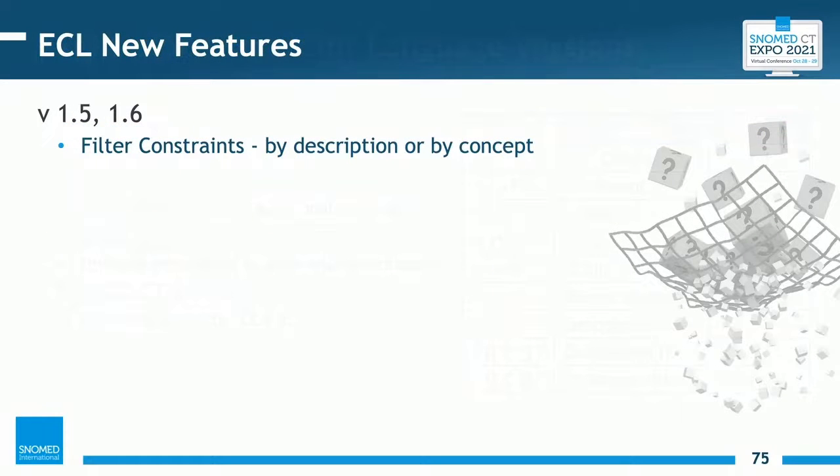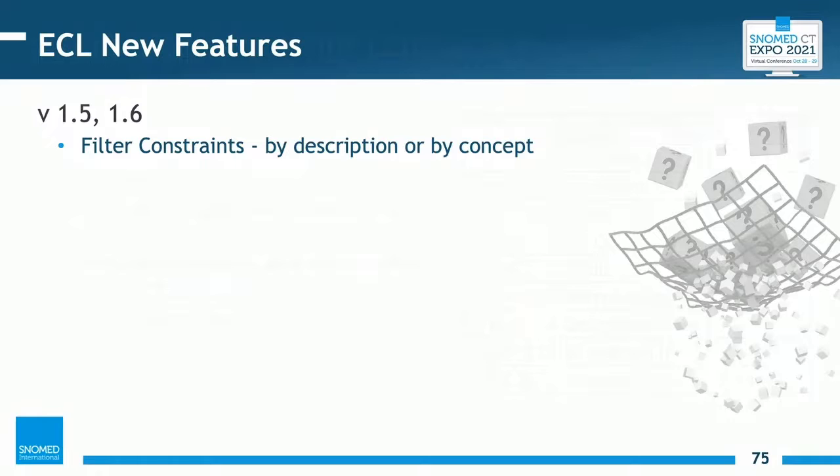Let's spend a moment discussing some of the features that have been added in recent versions of the expression constraint language and what you can expect going forward. In versions 1.5 and 1.6, we introduced filter constraints, which allow us to filter the expansion based on details associated with descriptions and concepts.